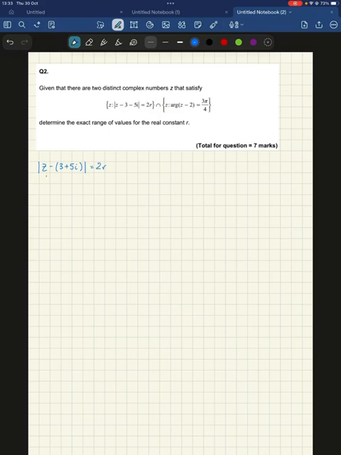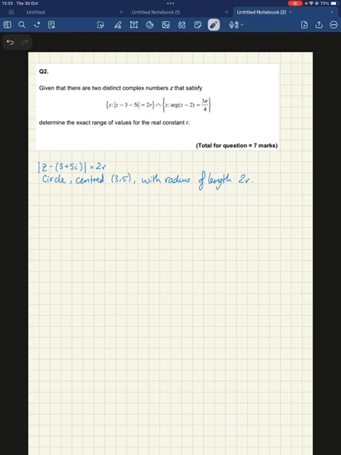Well, we know from our loci that this is a circle centered at (3, 5) with radius of length 2r. If we see here, we're going to be intersecting with this, and we've got arguments, that's going to be a half line.